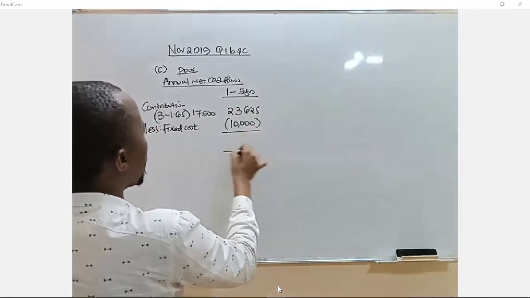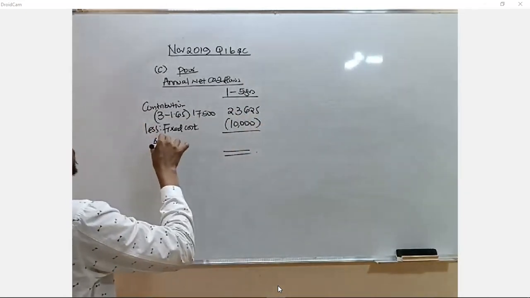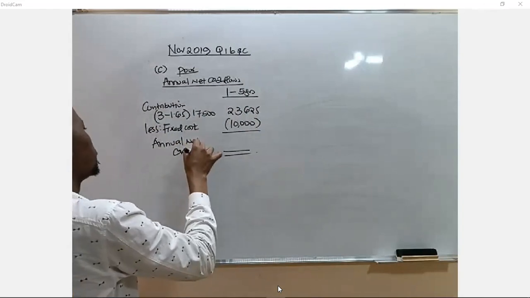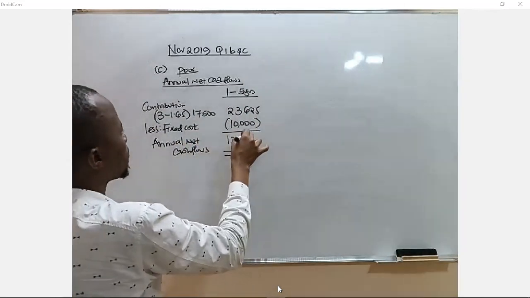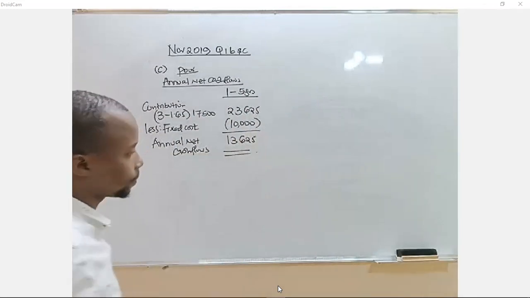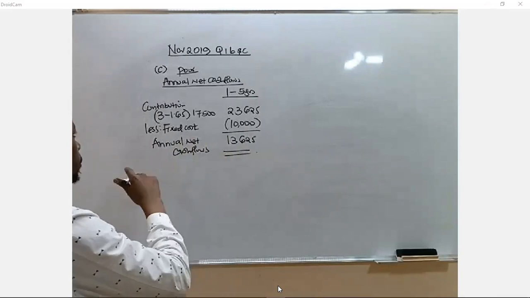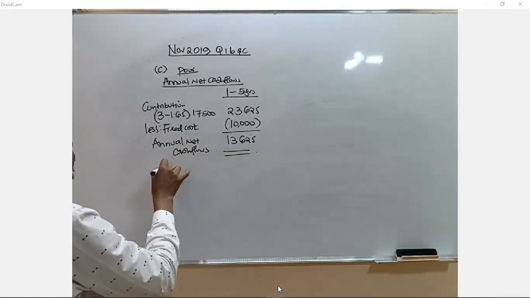So what is my annual net cash flows? Because najua hakuna kitu ingine na factor there. In this case will be 13,625. 13,625, right? Then the other one will be for the goods.